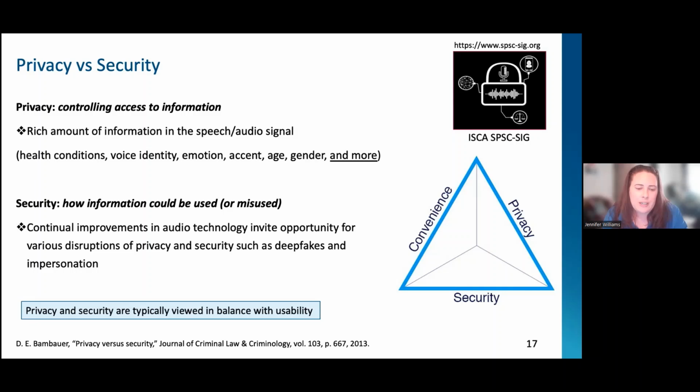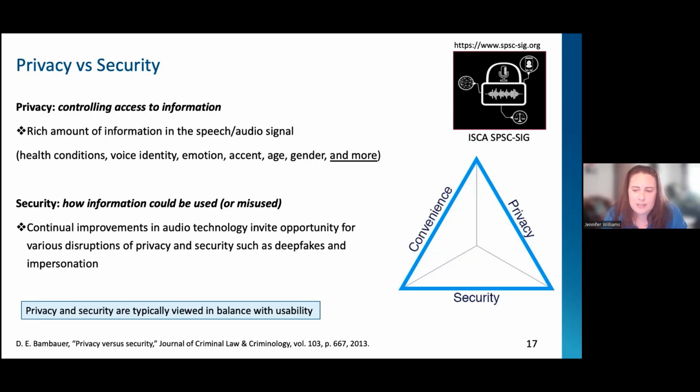For security, this is quite interesting because there's been continual improvements in the audio technology, like we just listened to with Val Kilmer's voice. And because of those advances in speech technology, it does invite an opportunity for disruptions of privacy and security, such as deepfakes and impersonation.